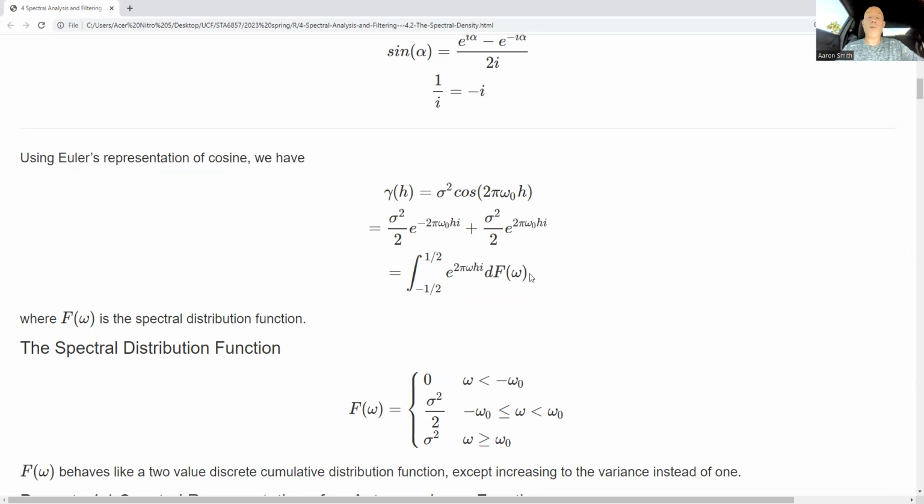And so as we work through this, we're always going to be saying that our omegas go from negative 1/2 to a positive 1/2 throughout. And so here, this capital F of omega is our spectral distribution function.